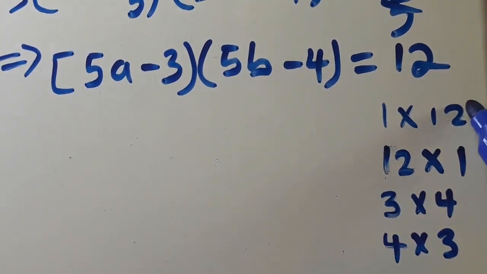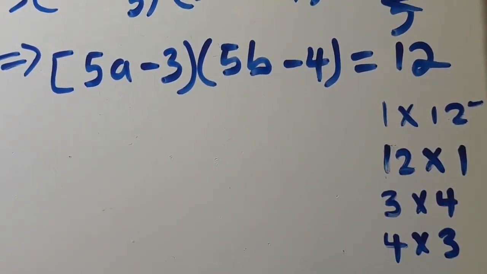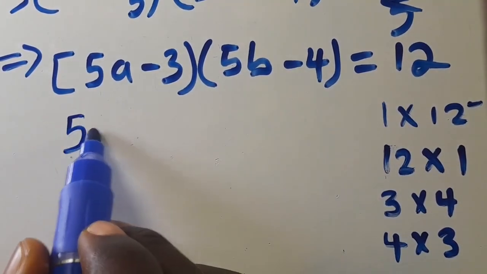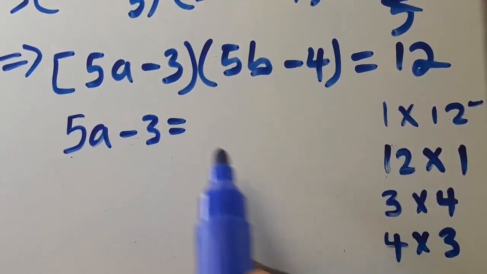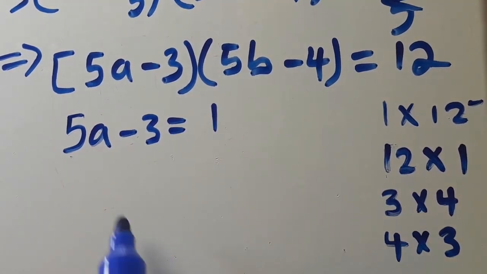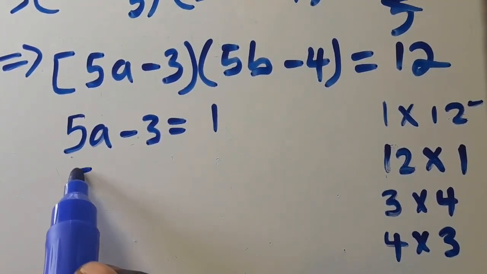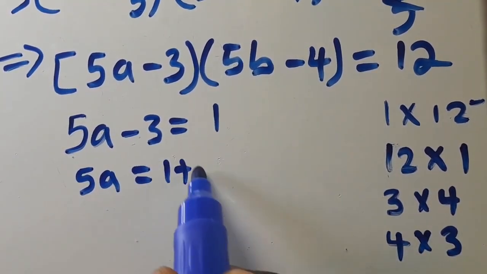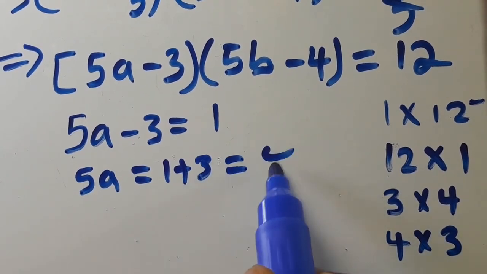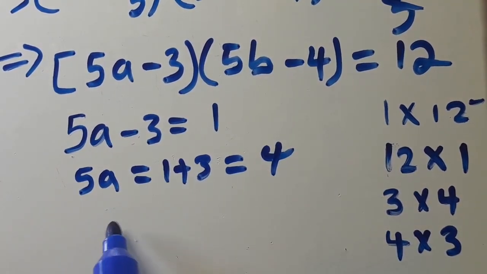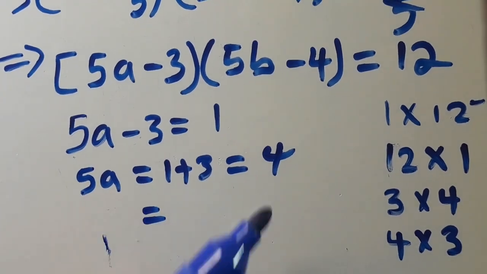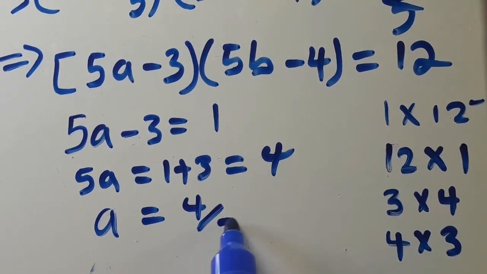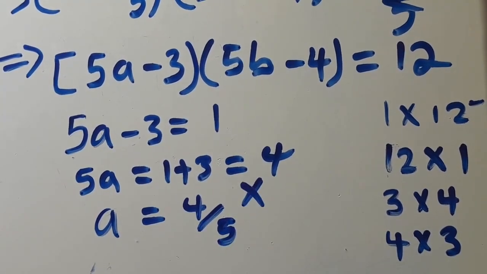When we consider this first expression, we have 5a minus 3 to be equal to 1. And from here, we have 5a equals 1 plus 3, and this will be equal to 4. So we are going to have a equals 4 divided by 5.